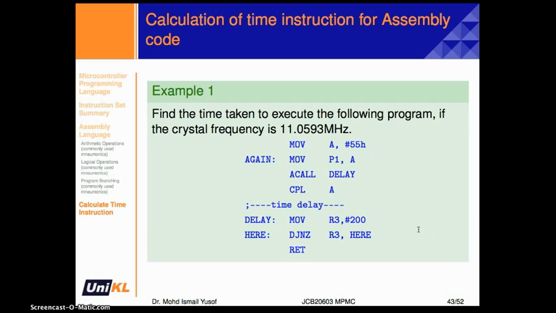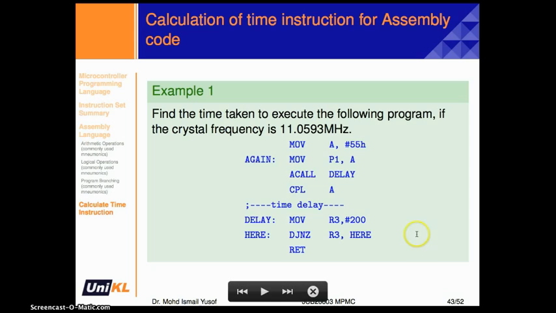On a more realistic assembly code, like we have used previously. Okay, example 1. Find the time taken to execute the following program if the crystal frequency is 11.0593 megahertz.